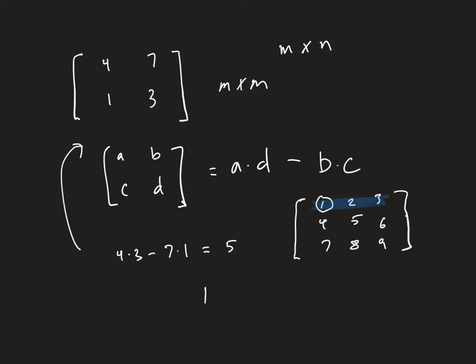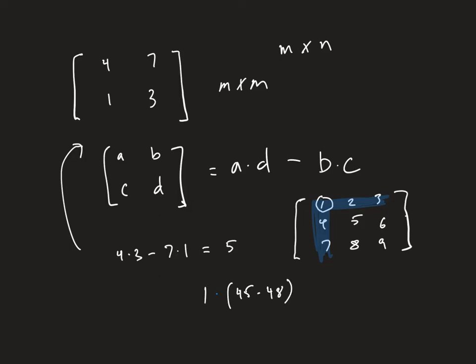And don't look at the things in the same column. That leaves us with a 2 by 2 matrix, 5, 6, 8, 9. We're going to multiply 1 by the determinant of that matrix. And remember how we calculate the determinant? We do 5 times 9, which is 45, minus 6 times 8, which is 48.